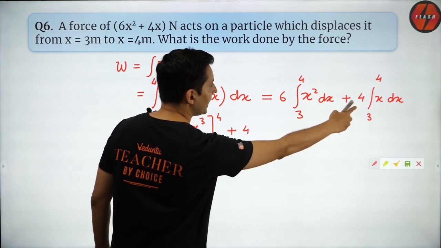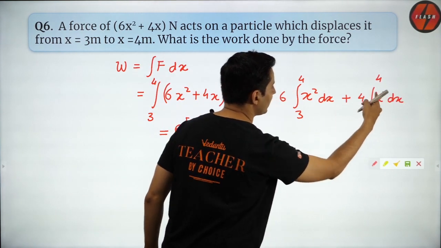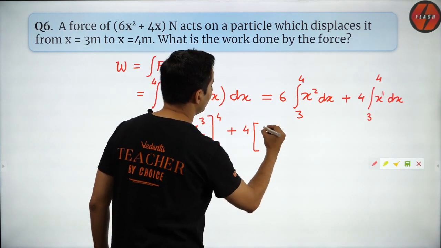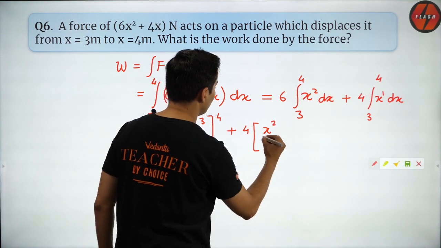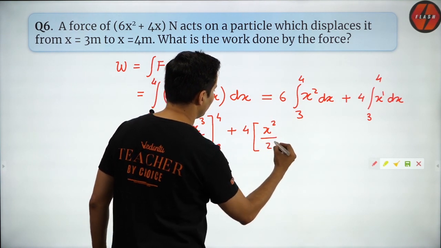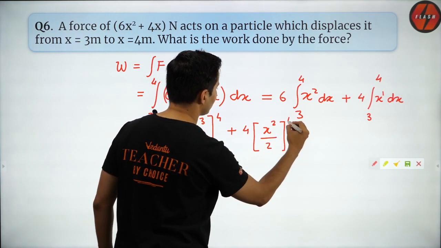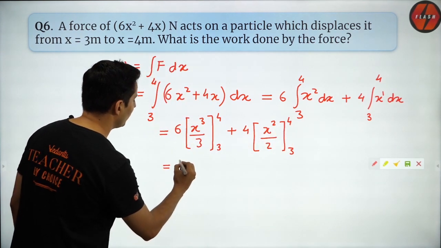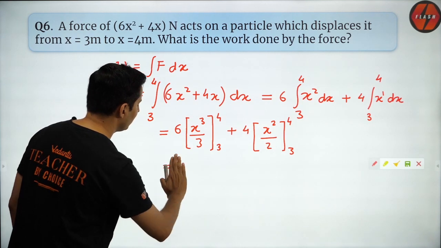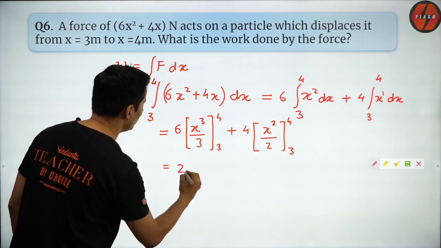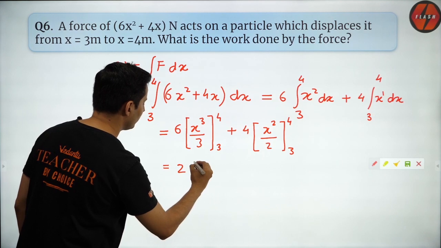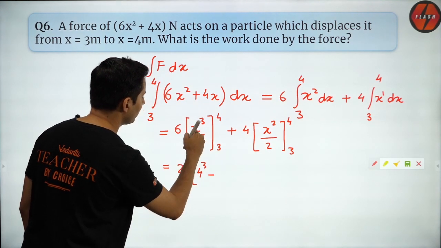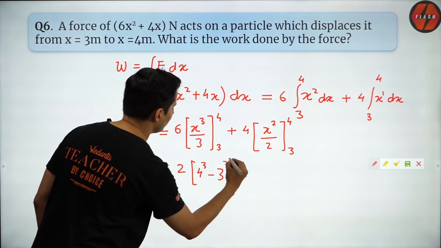So 4 x raised to 1. The integration of x raised to 1 is x raised to 1 plus 1, which is x square divided by 2. Let's keep in mind we have to substitute these values. So 6 divided by 3 is 2. First put 4 there, so 4 cubed, then put 3, so 3 cubed.